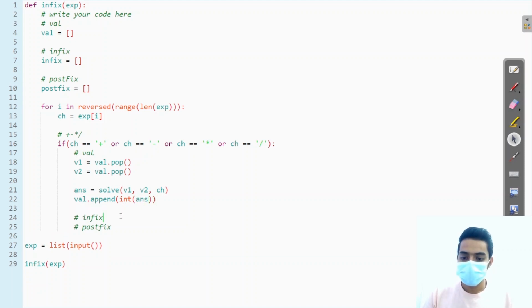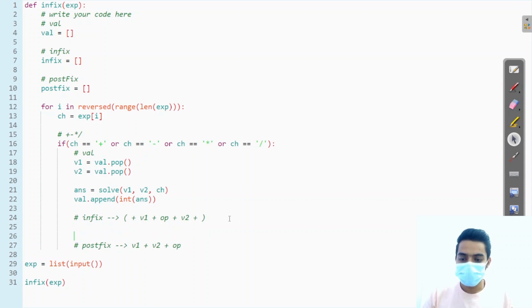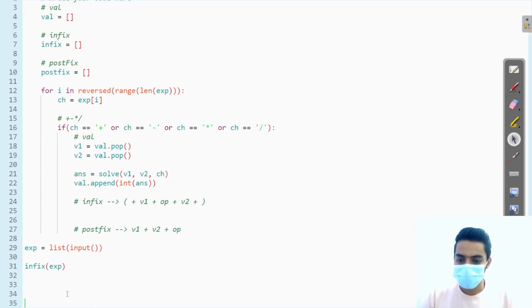Okay. After that, convert this into infix format. The infix format will look like this: opening bracket v1 operator v2 closing bracket, and the postfix format will be v1 plus v2 plus operator. Okay. For the infix, now make some spaces here.